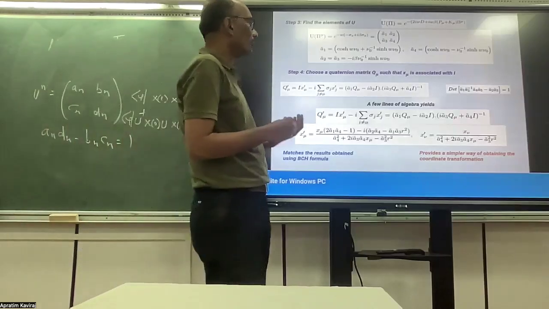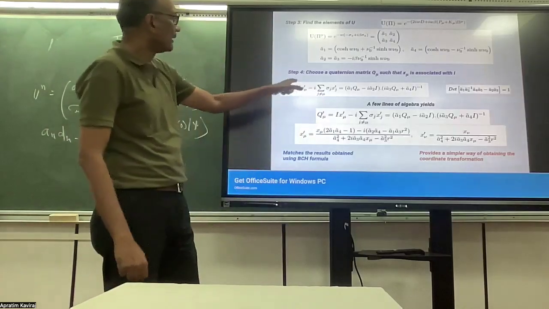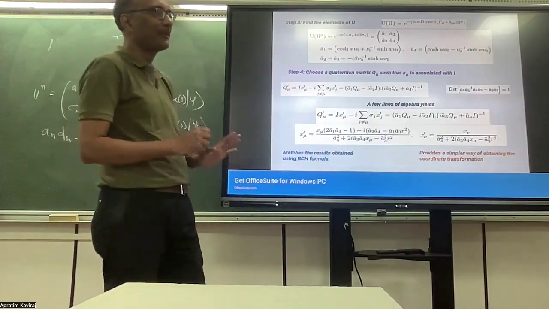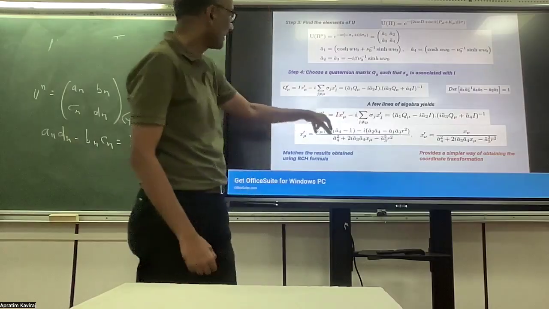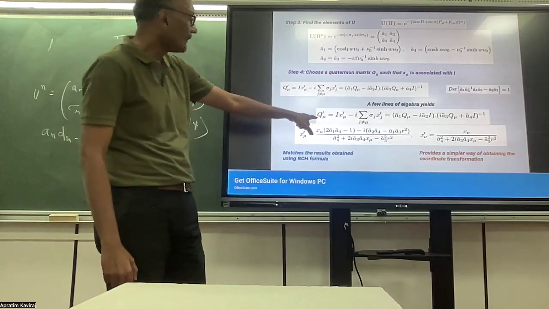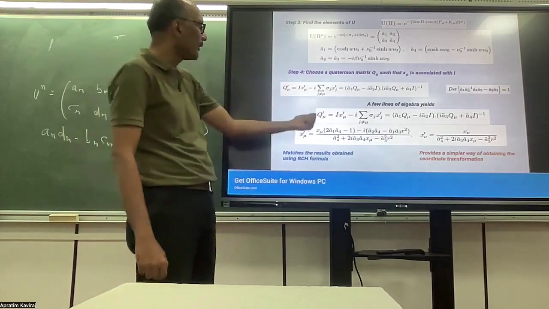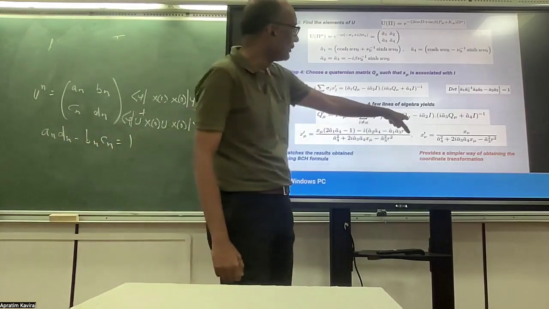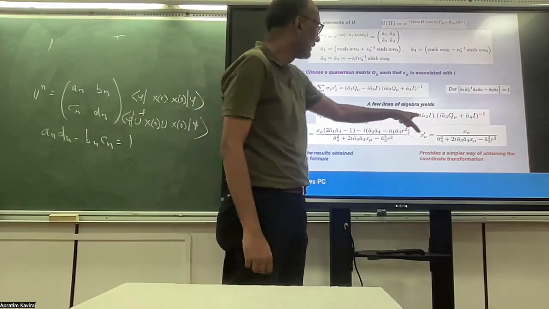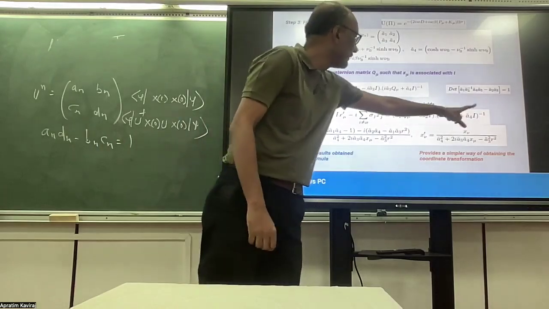It turns out that the transformation of the coordinates can be captured by transformation of these quaternions, where the transformation is given by this. So the transformed coordinates q prime mu are related to the old q mu with this A1, A2, A3, and A4.